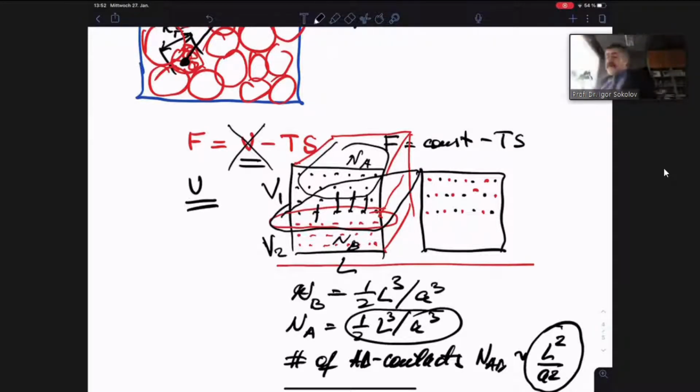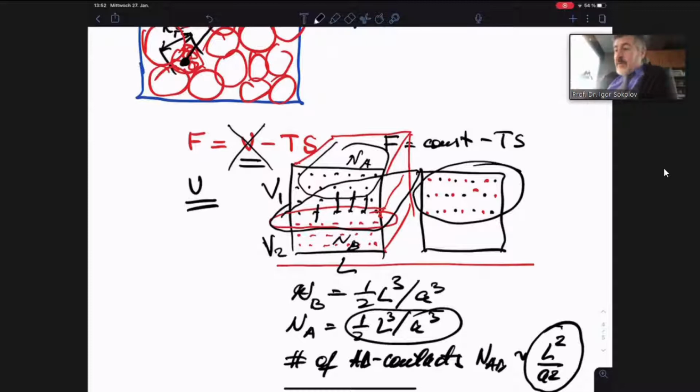If I have a configuration in which the atoms alternate or in which they are taken at random, 1/2 of the contacts are the contacts with atoms of another type.